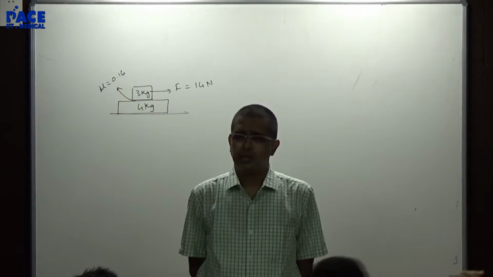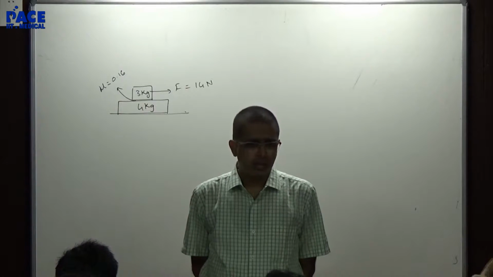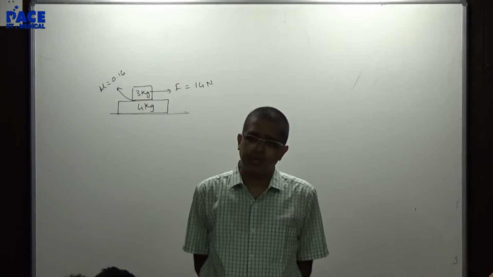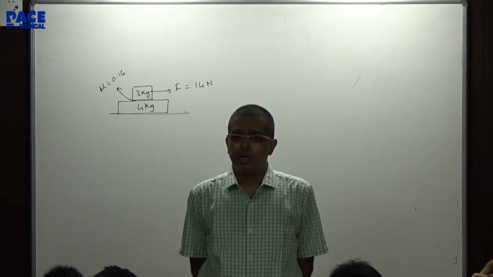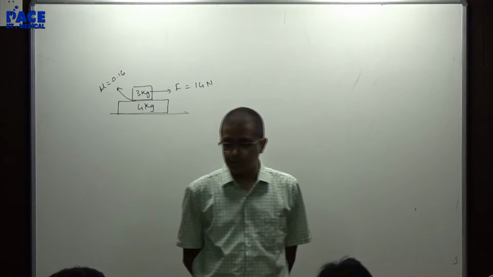Sir, work done by friction can only be zero or negative, right? Cannot be positive? Necessarily need not be. We calculated in the previous example one situation where it is positive. Observe that carefully. Work done by friction can be zero, it can be negative, it can be positive.